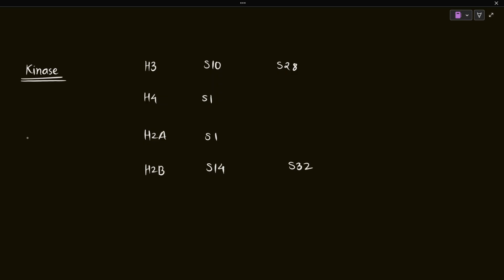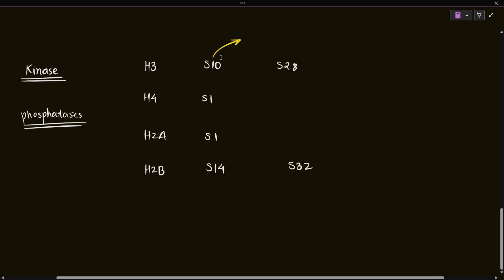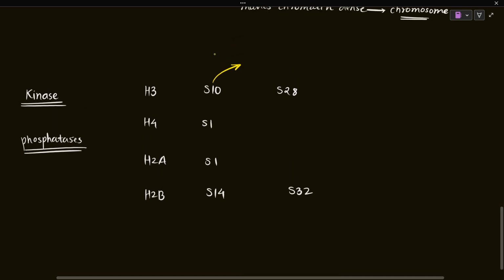So kinases are the enzymes which phosphorylate the histones, and phosphatases remove the phosphate group, so they do the dephosphorylation. On serine, phosphorylation can be done by various enzymes in various contexts. Some of those are RSK2, ribosomal S6 kinase 2.